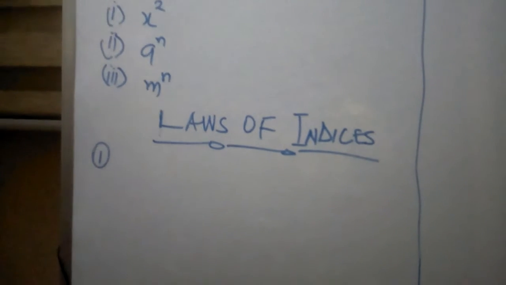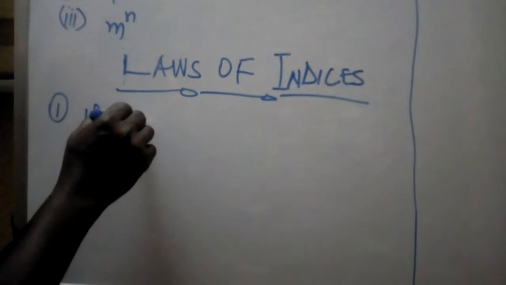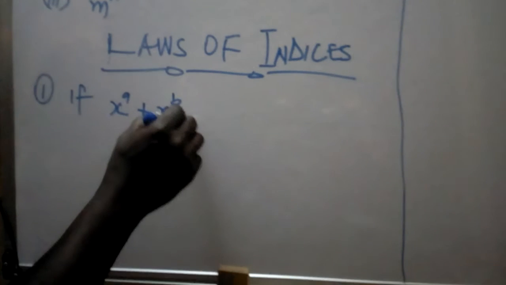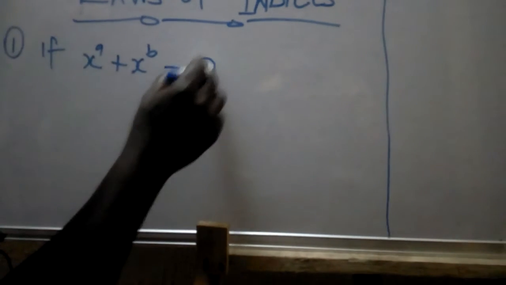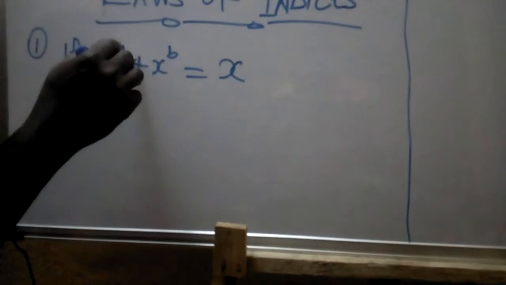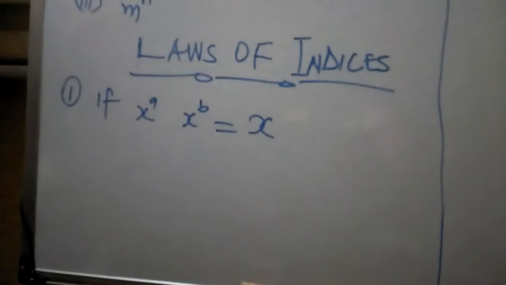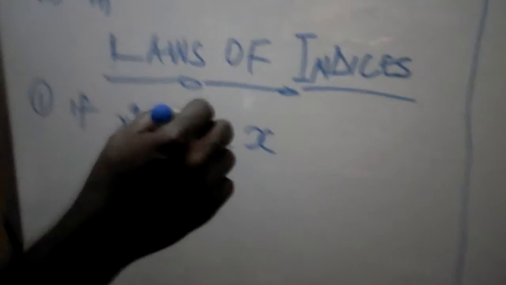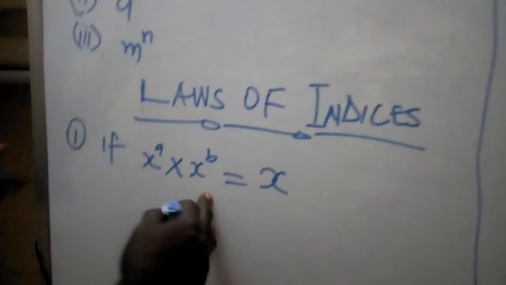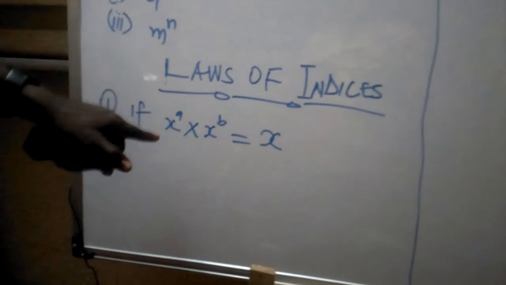Law number 1 states that if x raised to power a multiplies x raised to power b, what you do is to add their powers.